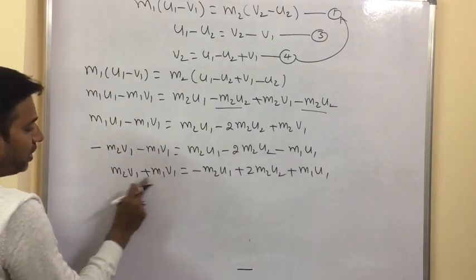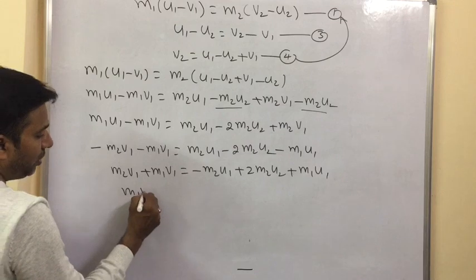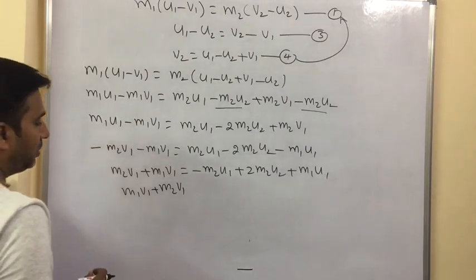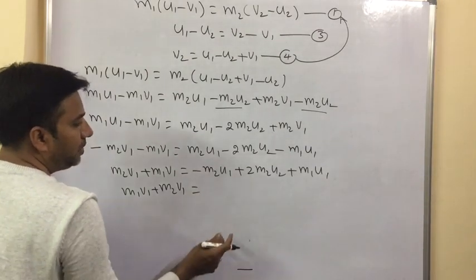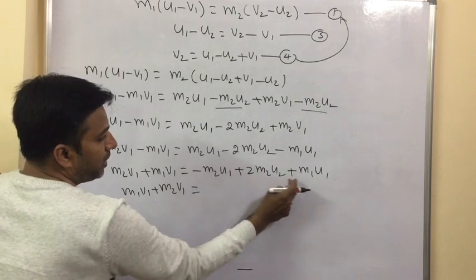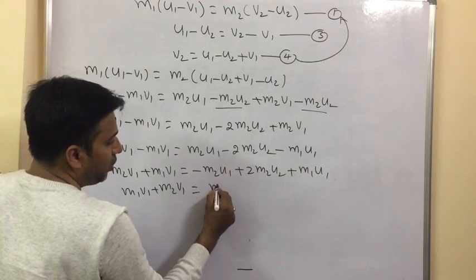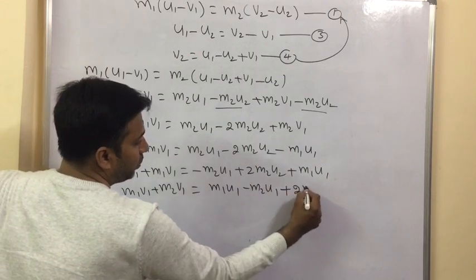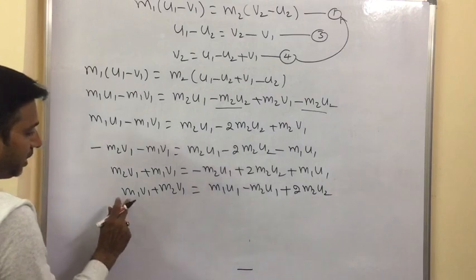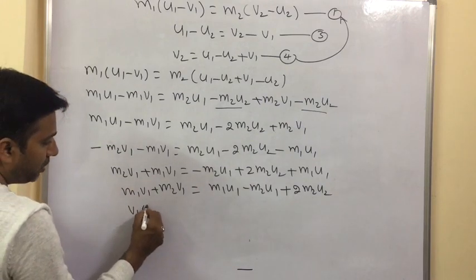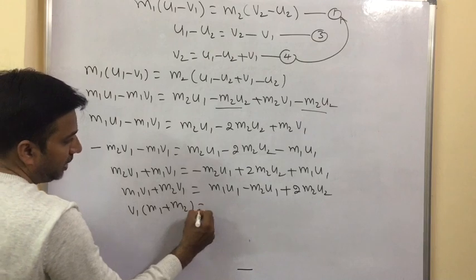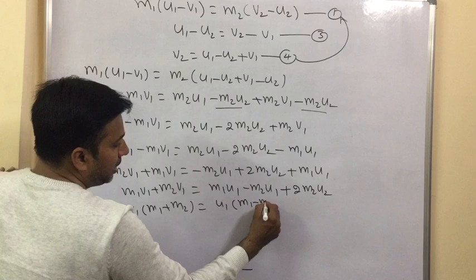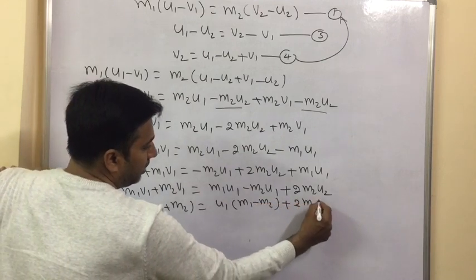So here m1v1 and m2v1 are there, so I am writing m1v1 + m2v1, equal to, first of all, plus m1u1, then minus m2u1 and this 2m2u2. Then we take v1 common here. So v1(m1 + m2), and here we take u1 common: u1(m1 − m2) plus 2m2u2.